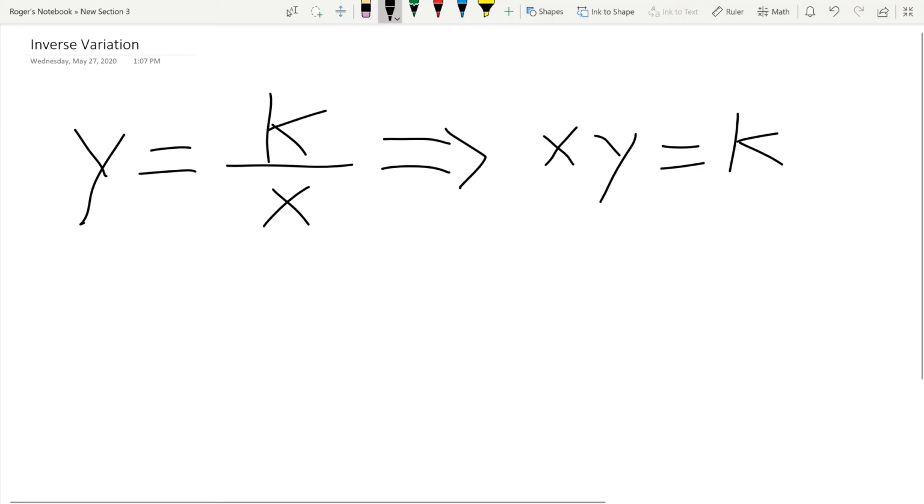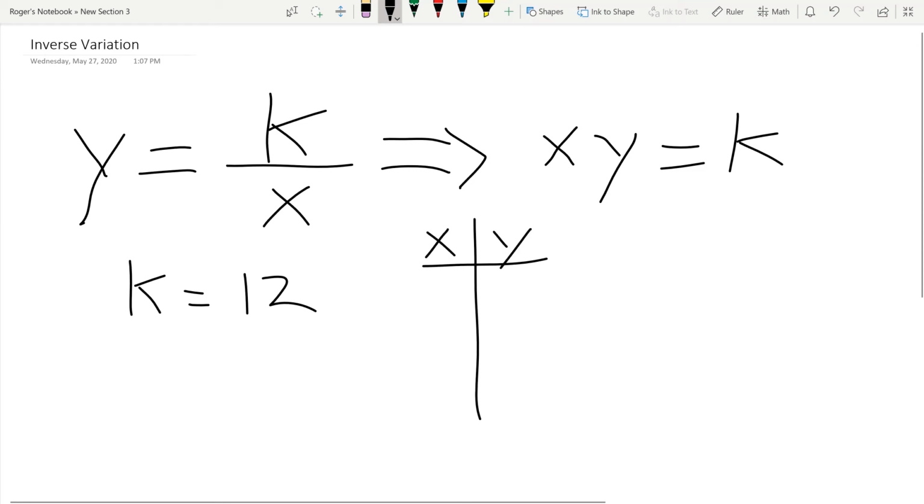So let's take a simple example. What if k equals 12? Then let's make ourselves a little table of x and y. So what if x equals 1?